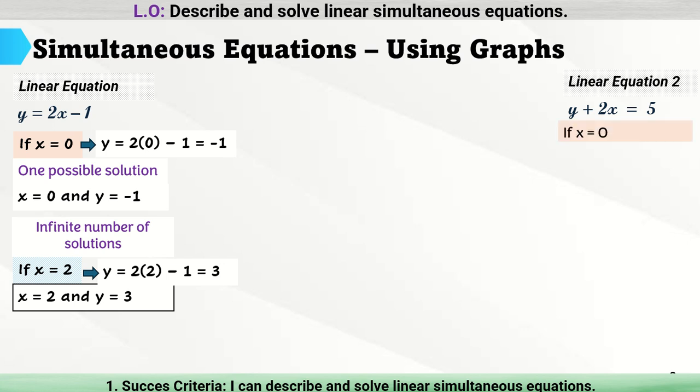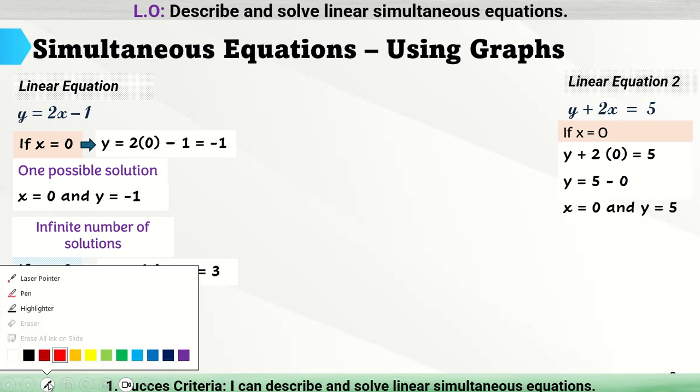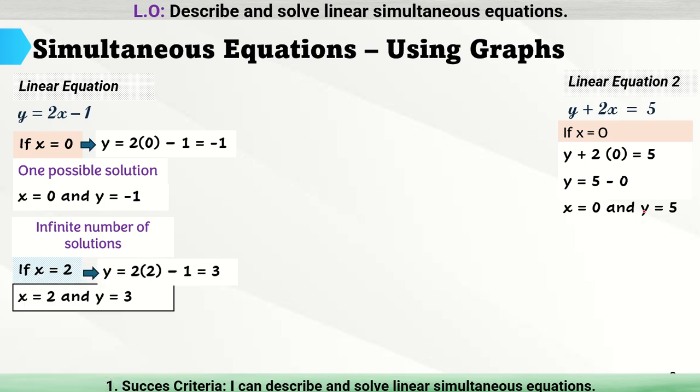So we'll put the value of x, 0, into the equation, which gives y plus 2 times 0 equals 5. So 2 times 0 gives us 0. It will be shifted to this side. So y equals 5 minus 0, and then y is equal to 5. Now our solution set for this is 0 and 5.